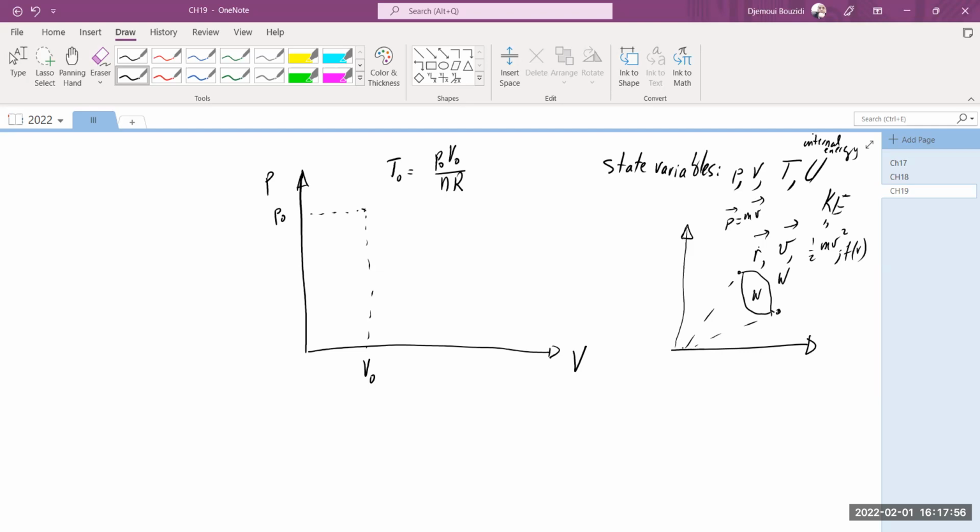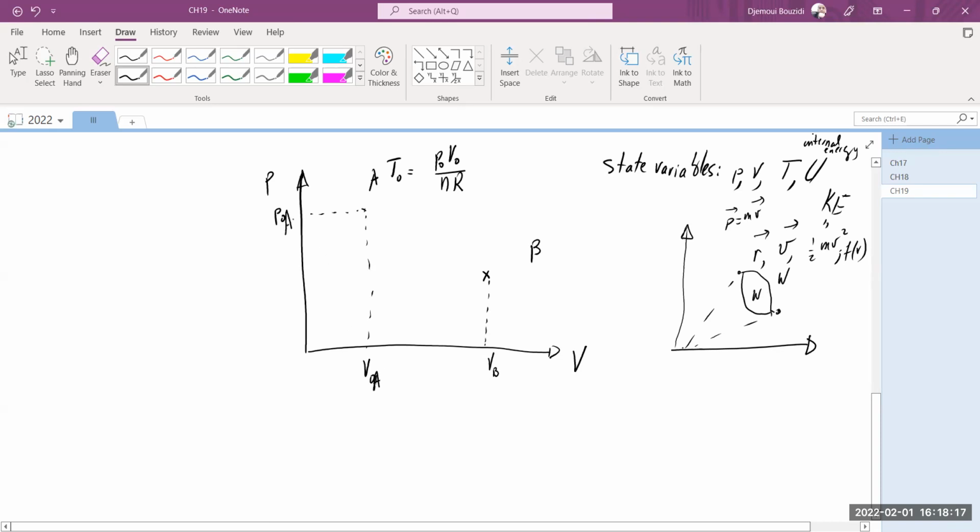Okay, here is the point for chapter 19. I'm going to go from this point in space to this point in the PV diagram, point B, that has a different value for the volume. I probably should put this one as A instead. This becomes a TA now, and this becomes a VA, and this would be PA.